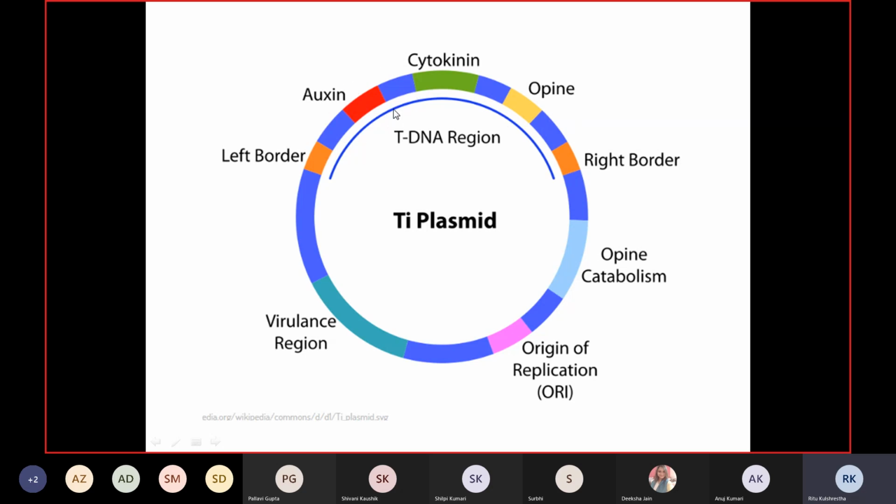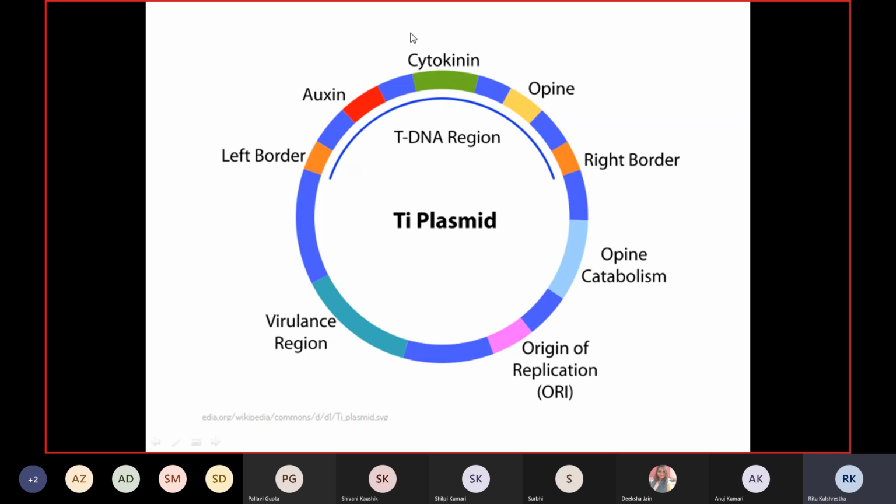One codes for a plant hormone called auxin. One codes for a plant hormone called cytokinin, and one codes for opines, various opines. Auxin is a hormone that leads to induction of roots. Cytokinin is a hormone that leads to induction of shoots.